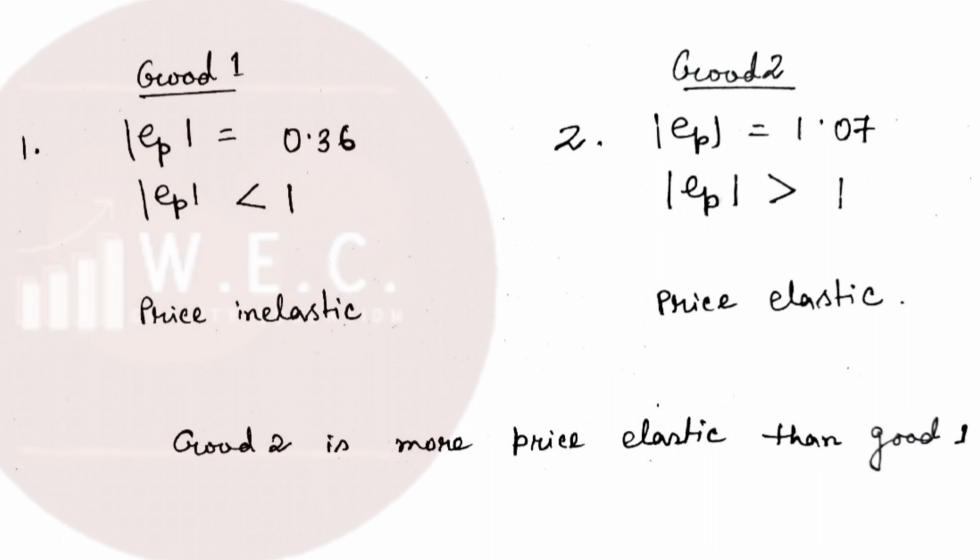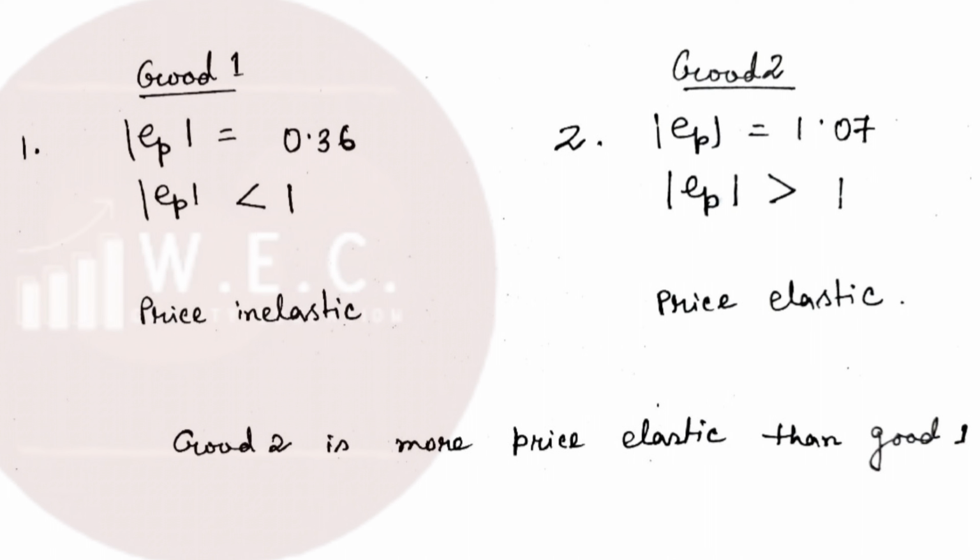Now, name the good in question number 1 as good 1 and question number 2 as good 2. We can see that the absolute value of the price elasticity of good 1 is 0.36, whereas it is 1.07 for good 2. So it is clear that good 2 is more price elastic than good 1.